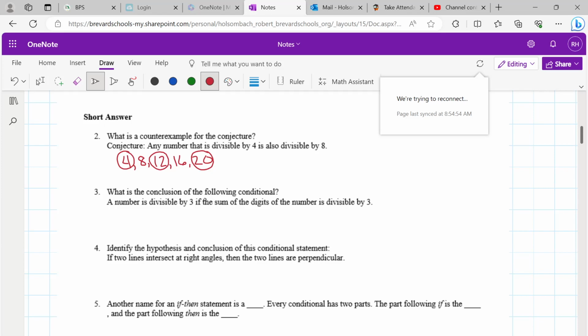So here's our if, and here's what follows the if. Actually, here's what follows the if. The sum of the digits of the number is divisible by 3. That makes the conclusion the rest of the statement: a number is divisible by 3.